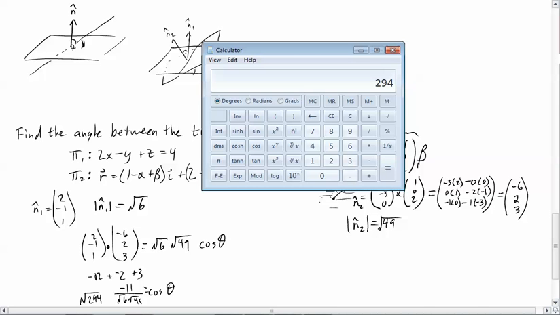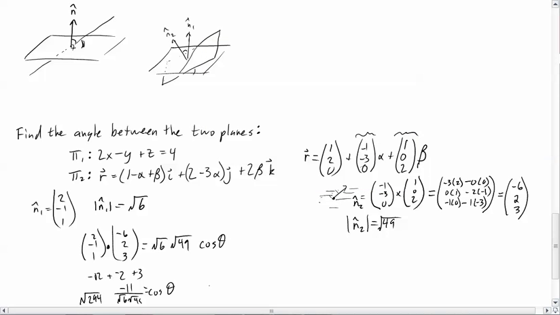So now calculator, 11 divided by 294 square root equals, and then we can do the inverse cosine, which gives me 129.9 degrees, which gives us the angle between the two normals.